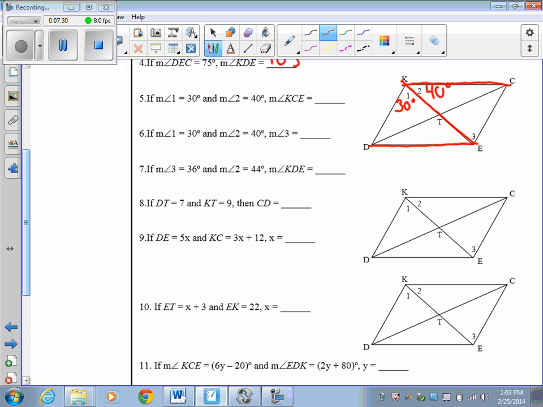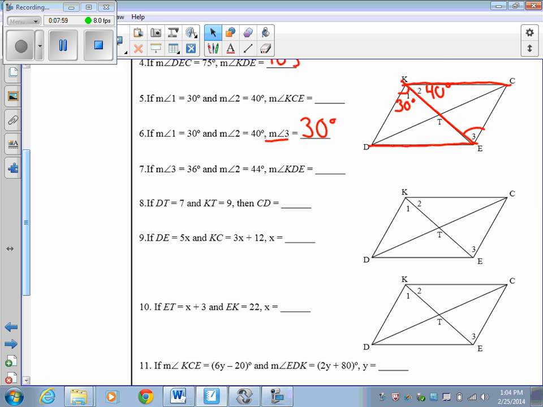So if I have this line here, which is a transversal, angle 1 and angle 3 are alternate interior angles. Whenever they're alternate interior angles, let's see, I'm not there yet. I'm actually doing number 6, which we can do. When they're alternate interior angles, they have to be congruent, so that means angle 3 has to be 30 degrees.